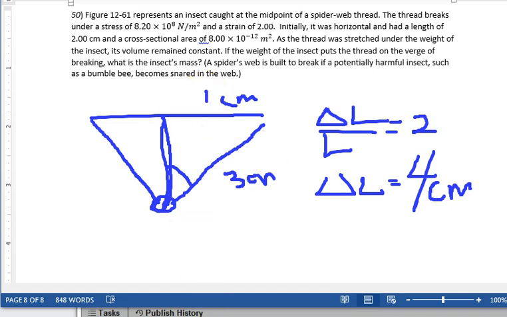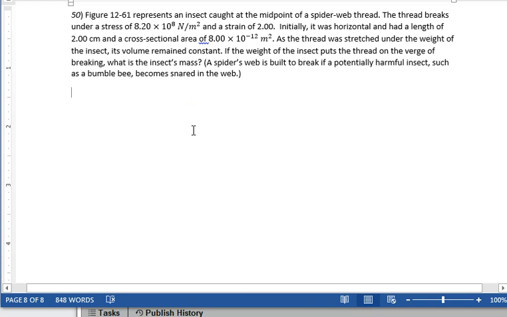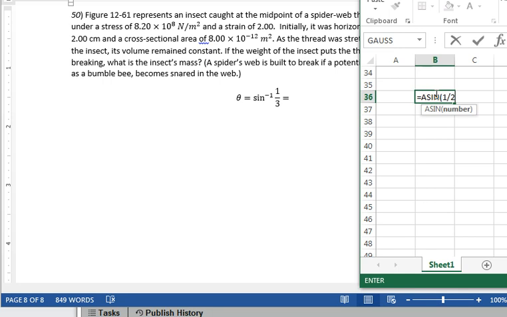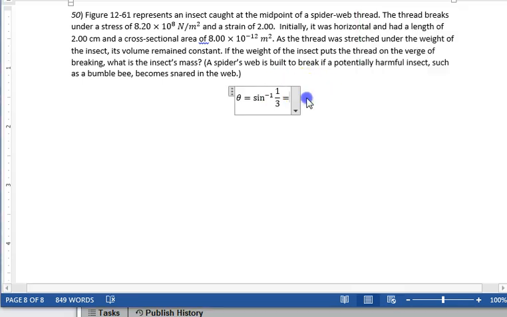Let's get that angle, the angle at the bottom between the vertical and the thread. The sine of 1/3, and let's get that in degrees. So 19.47 degrees.